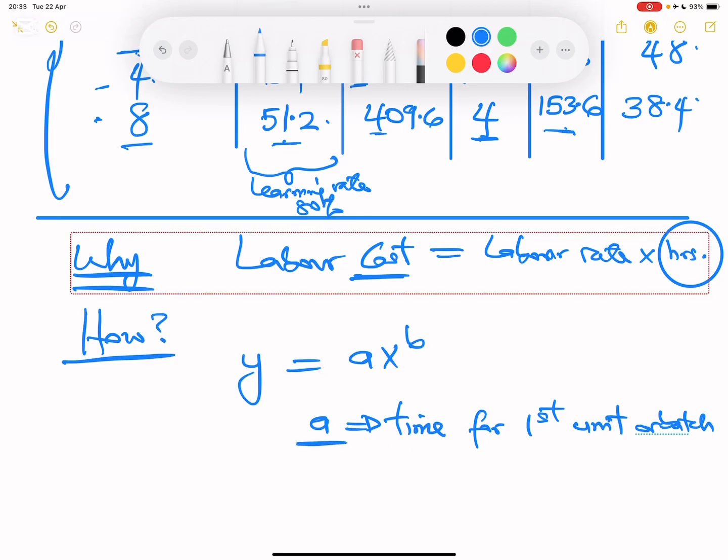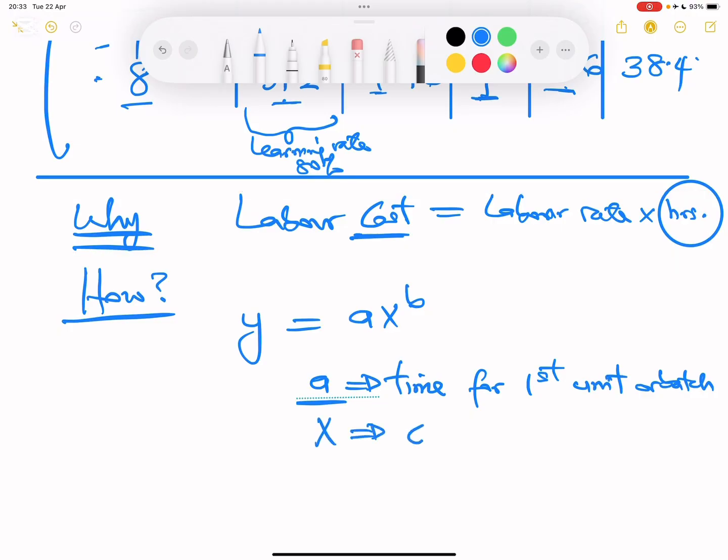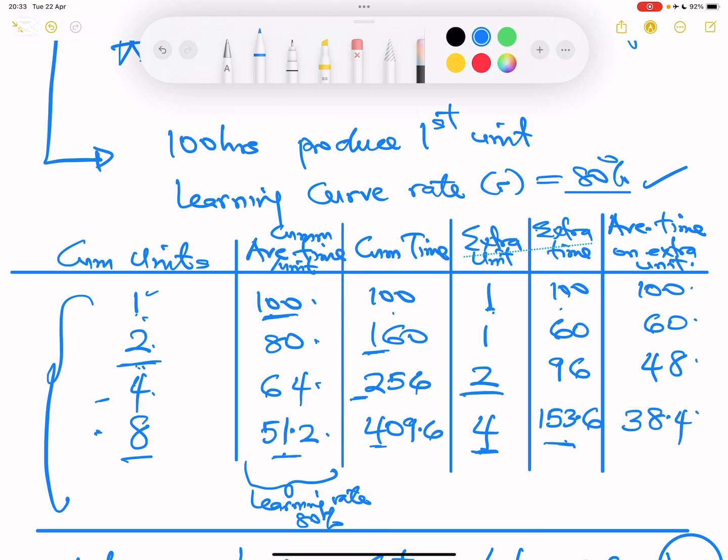The time it takes you to produce the first output is your a. X is the cumulative output. If you look at the table I used as an example, our cumulative output is the first column. So this is x.